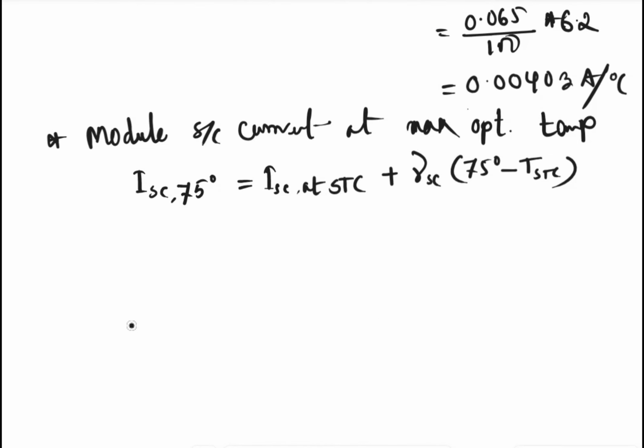Now plug in the value of short circuit current of that module at STC, that is 6.2 ampere, and the current temperature coefficient, that is 0.00403, and 75 minus the STC temperature, literally 25 degrees Celsius.